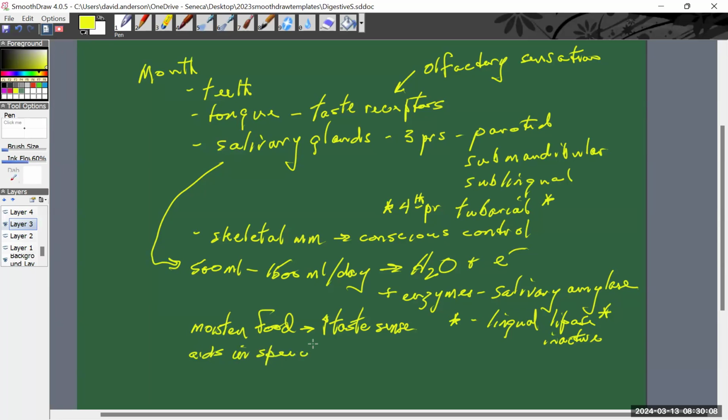Most of us can appreciate that when we have saliva in our mouth, we speak better. It's not as sticky, literally. There are some additional enzymes, antimicrobial. Because as you can appreciate, there's going to be a lot of potential for microbes to be introduced to our system through our food.